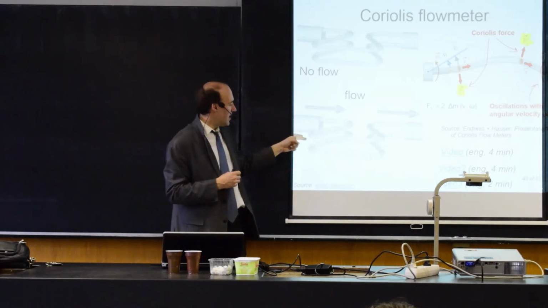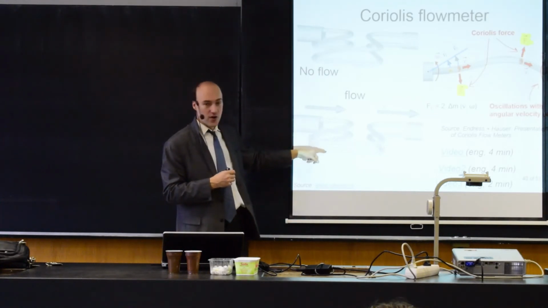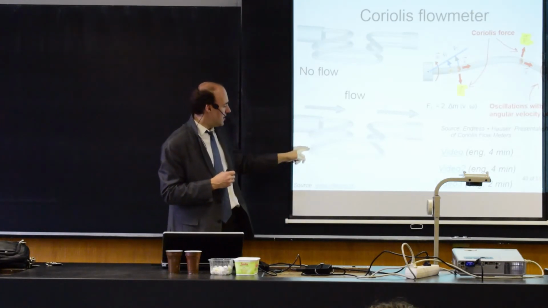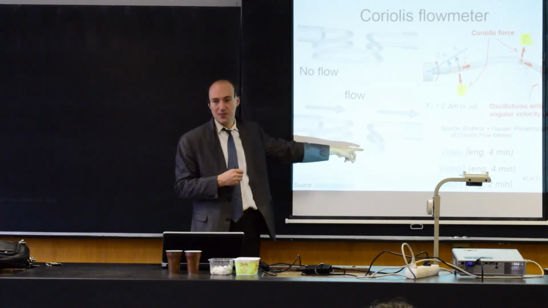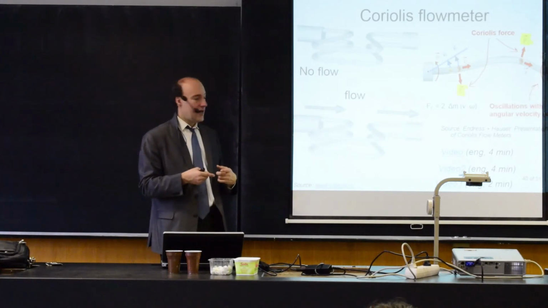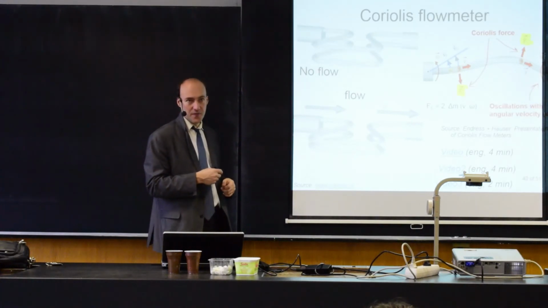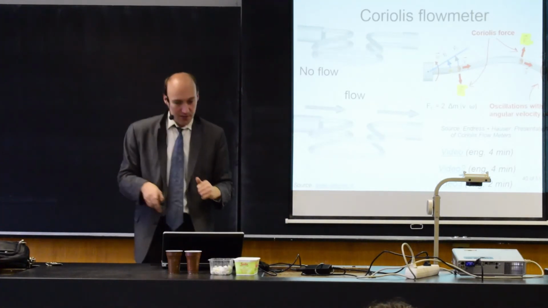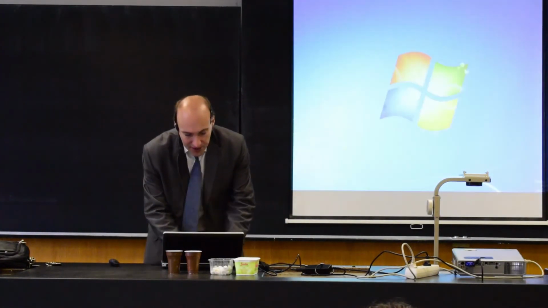And then basically you measure the frequency of this movement, and you also measure the distance between this pipe here and this pipe here. And there will be a relation between the flow and between the movement. We'll see that in the equations in a few minutes. So let's take a look again on a video.